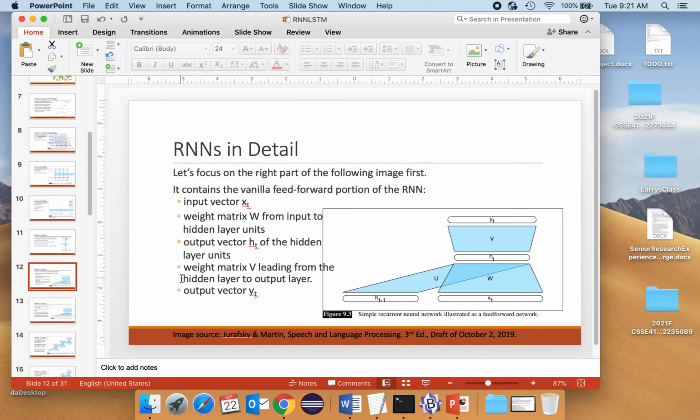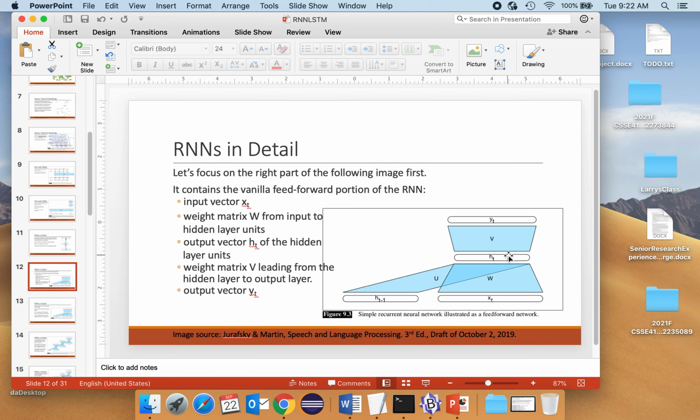Here is a different image that takes much more of a view of the weight matrices, and visualizes them a little bit better. Again, as before, we have an input vector xt, we have a weight matrix, we have a hidden layer ht, and we have an output layer yt. If we have more than one output, we have the weight matrix V that goes from the hidden layer to this one over here.